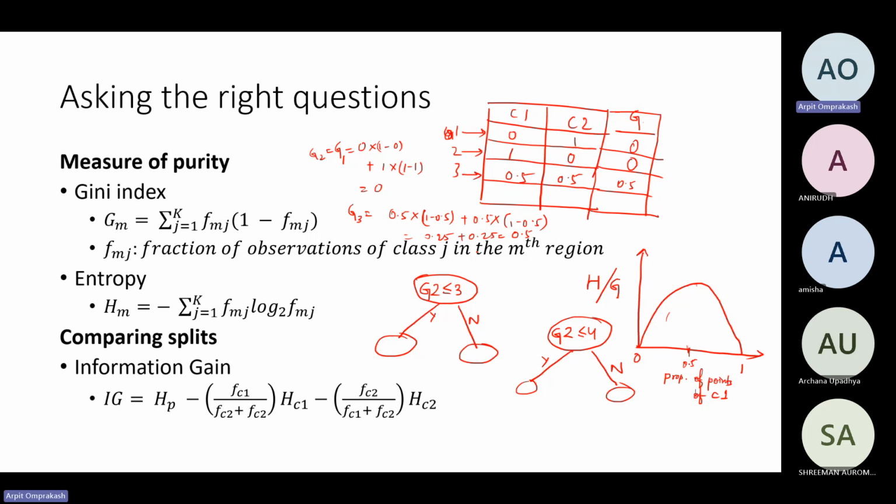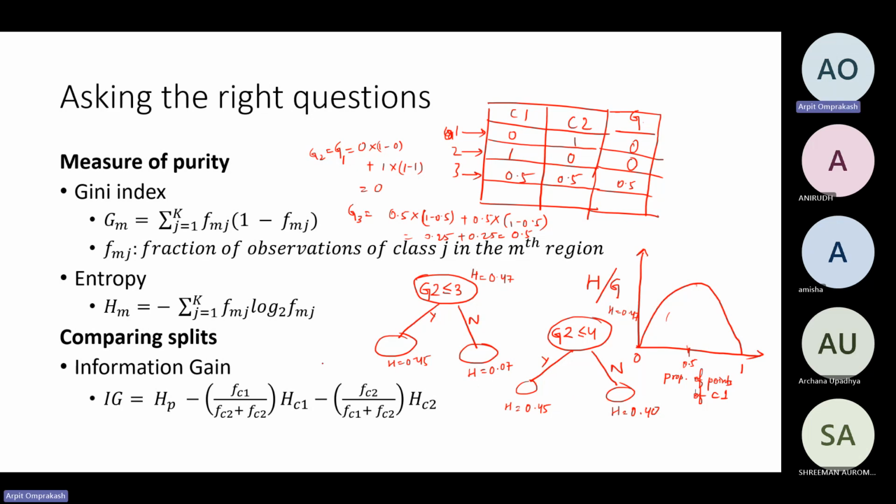Now in this case, we'll calculate the Gini index or the entropy. So let's say we are calculating the entropy here. The entropy here is, let's say, 0.47. The entropy here is 0.45. The entropy here is 0.07. And we do it here too: H is equal to 0.47, H is equal to 0.45, H is equal to 0.40 or something.